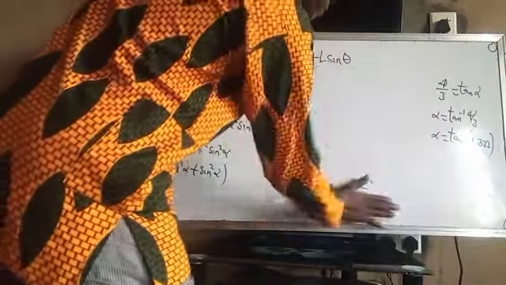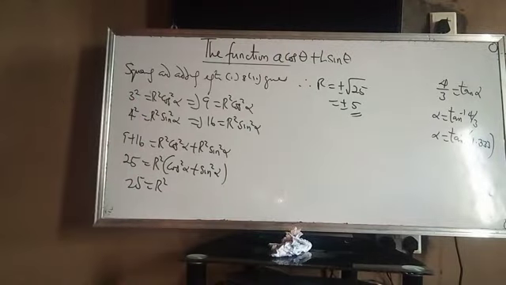Therefore, R is equal to plus or minus square root of 25. So we have gotten our R to be equal to plus or minus 5.